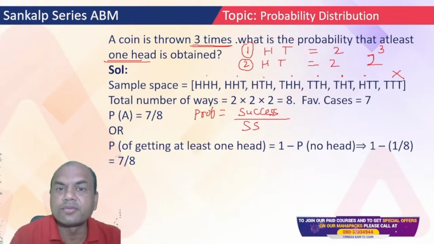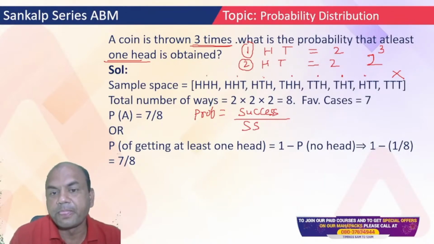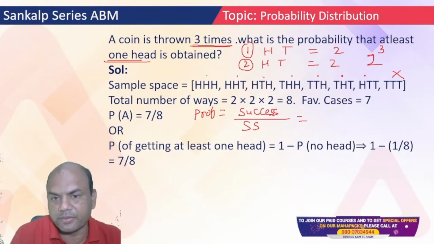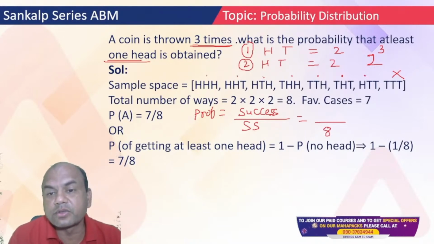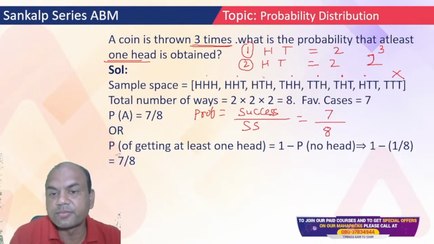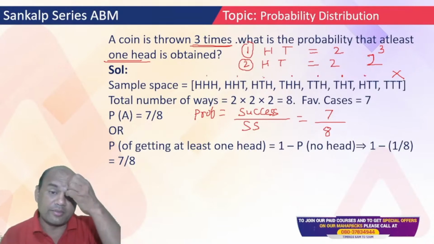So what is the sample space over here? Sample space means the total number of outcomes. How many outcomes are there? 8. How many successes are required here? At least one head. So it is 7 successes. So my probability becomes 7 upon 8. So that is my answer, 7 upon 8, right?